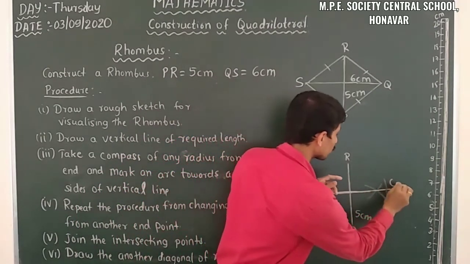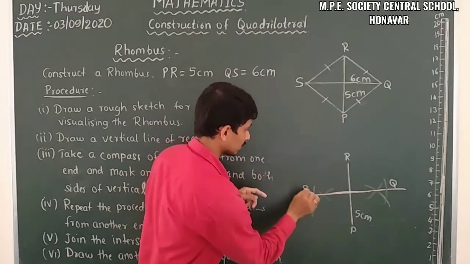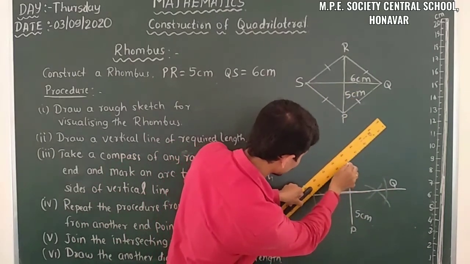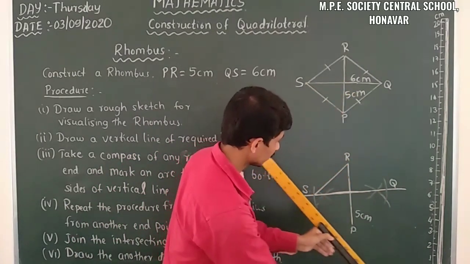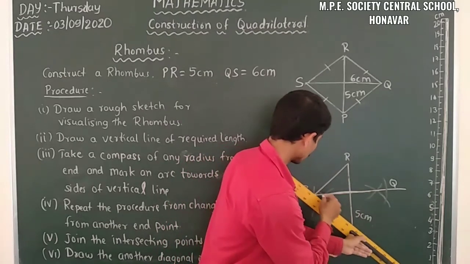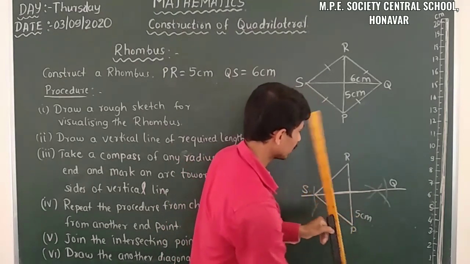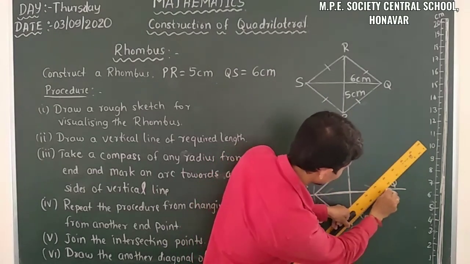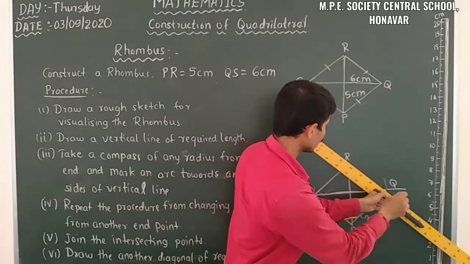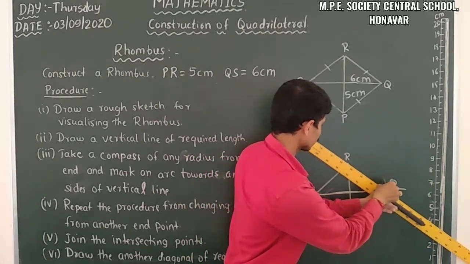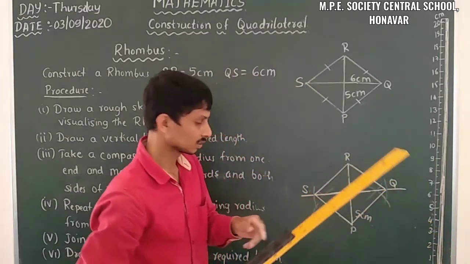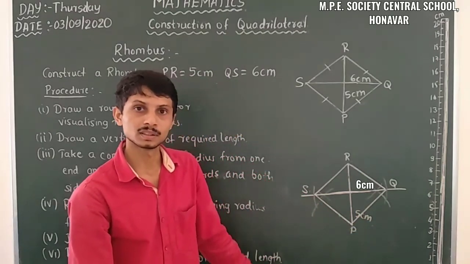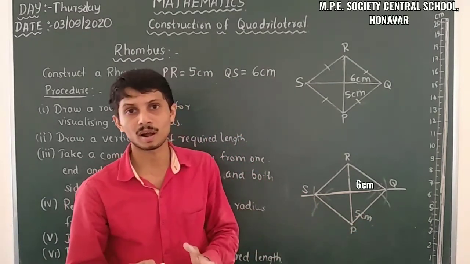This is point Q and this is point S. Then join all the sides, like this. Here also we join the sides, PQ like this, and here also we join PR like this. Yes, so this is the PQRS rhombus. It has the properties of a rhombus.